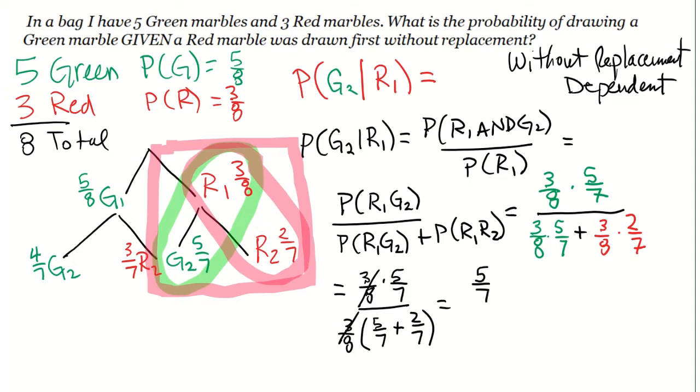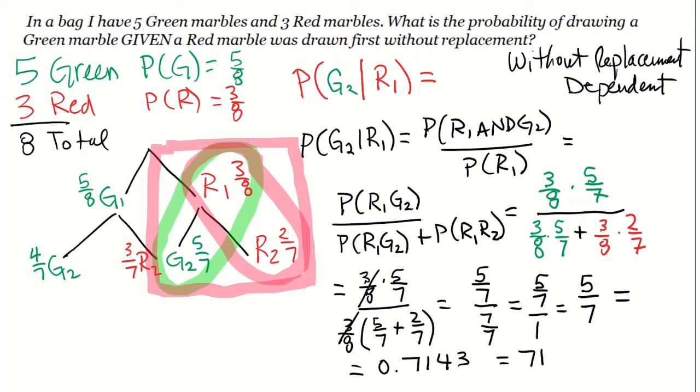It gives me 5/7 over 5/7 plus 2/7, which equals 7/7, and that simplifies to 1. That gives me a probability of 5/7, which is what we calculated before, and that calculates to 0.7143, which equals 71.43%.